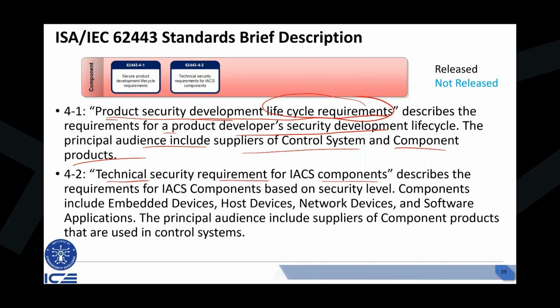So now, after these requirements, the components, including embedded devices, host devices, network devices, and software applications, have to have certain security features in place to be certified by the 62443-4-2 standard. So once again, the principal audience includes suppliers of component products that are used in control systems.